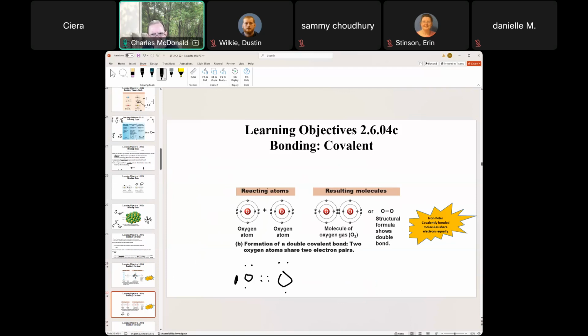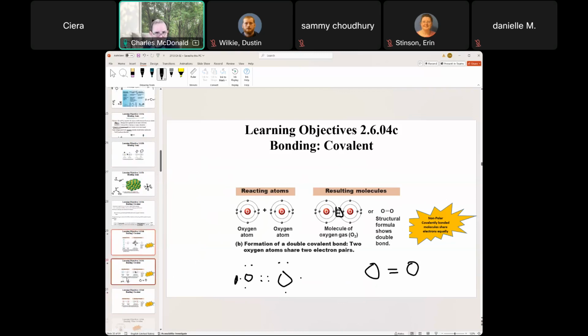So this guy's got another oxygen. This guy's going to see himself with 8 because he's going to share a pair of electrons. And if you remember, that's that guy right there. And that's the oxygen we breathe in. That's the oxygen we give our patients.